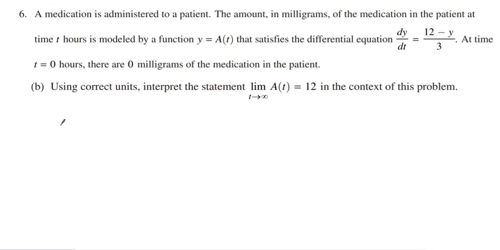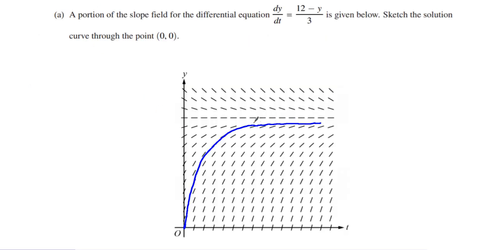In part B, they said, interpret the statement: the limit as time approaches infinity of A of t is equal to 12. If you think about what's happening in this slope field, as time progresses, the amount of medication in the patient increases to approach 12 milligrams.